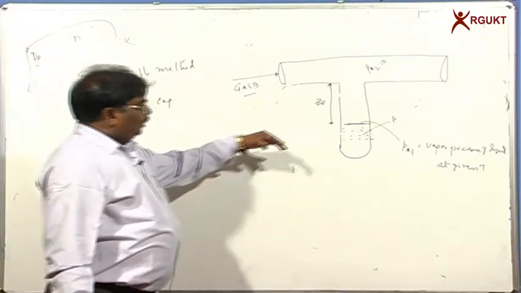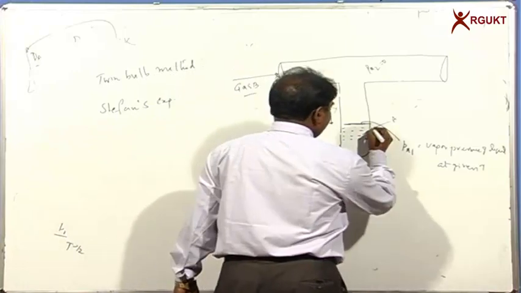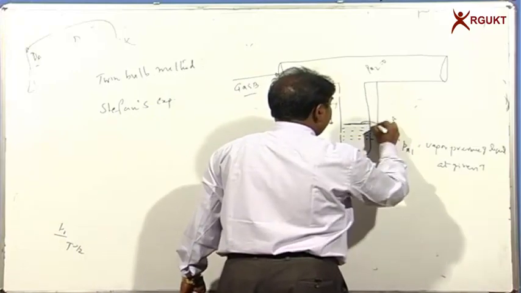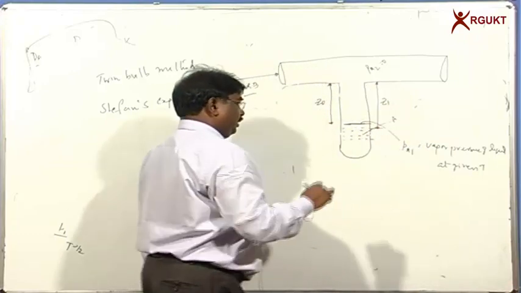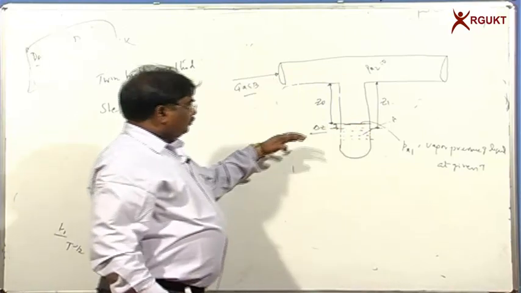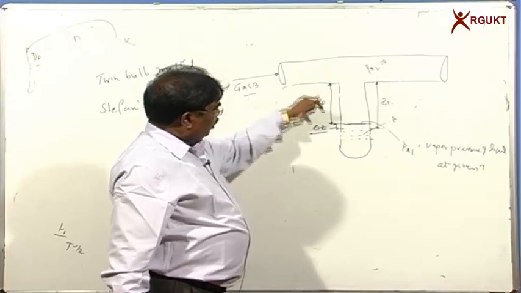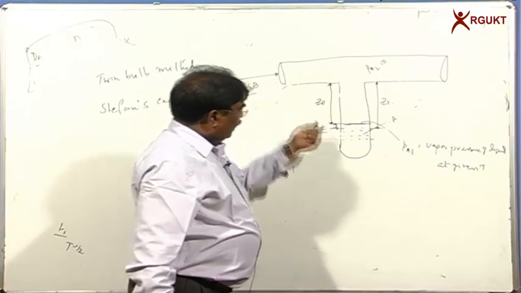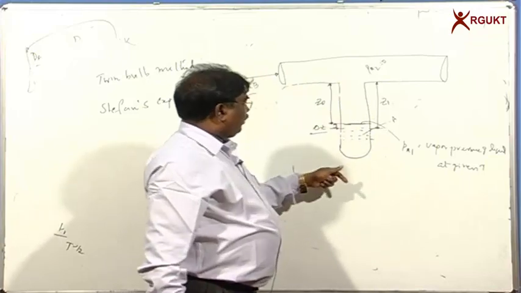Because of this evaporation, at time t the liquid level drops to a new value Z1, and this distance we can call delta Z, right? Do you understand or not? Initially the liquid depth is Z0 from the top, and because of evaporation the liquid depth falls to Z1.